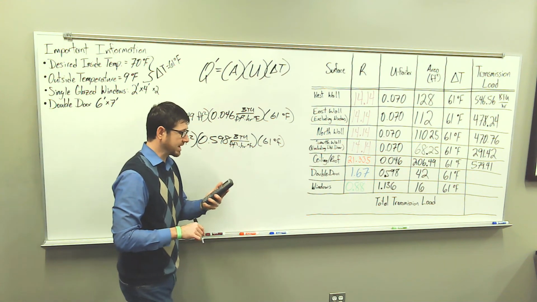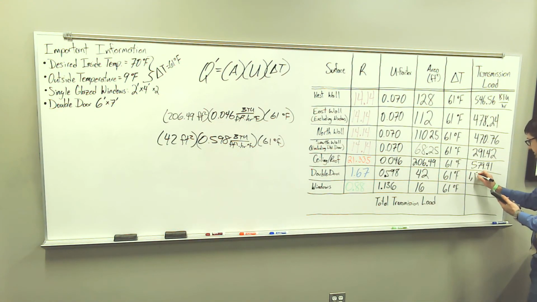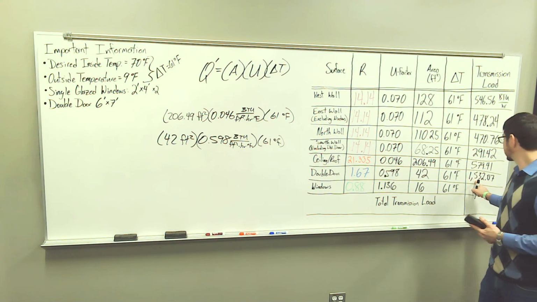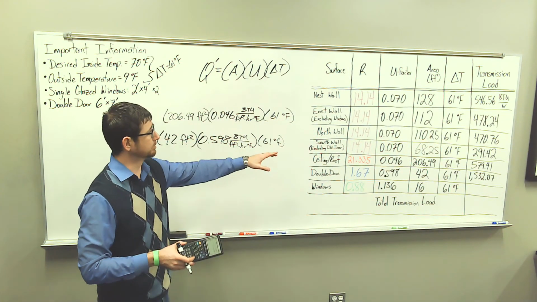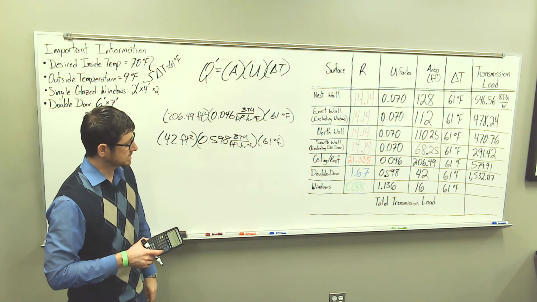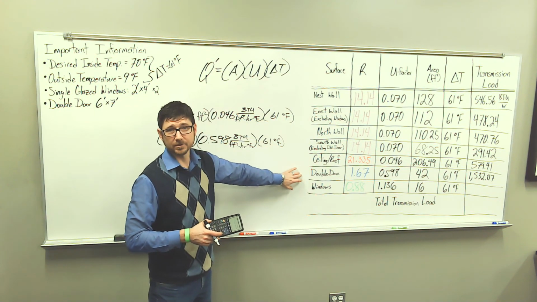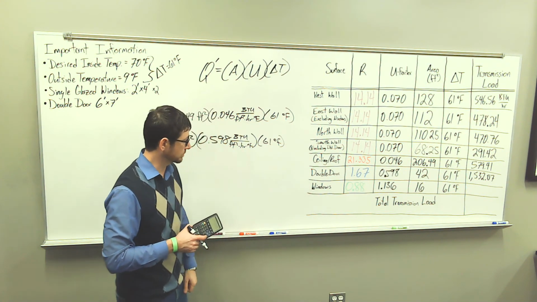I get 1,532.07. Wow, that is a massive amount of energy loss compared to our other surfaces. So that is not good. We're losing a lot of BTUs per hour out of the double doors.